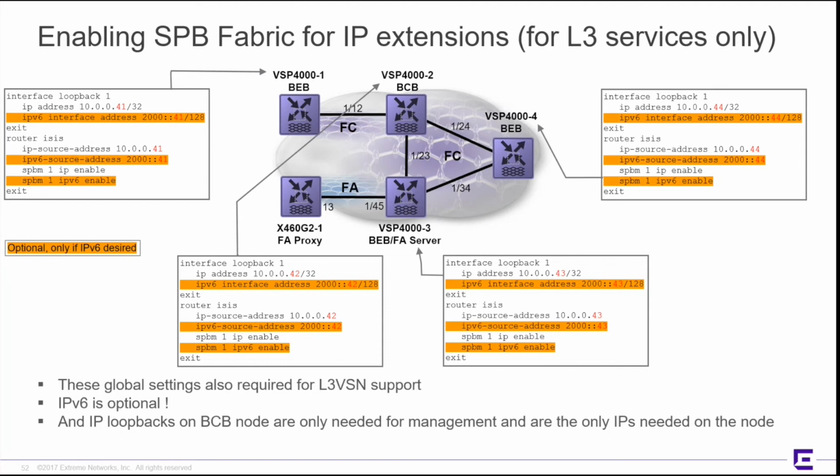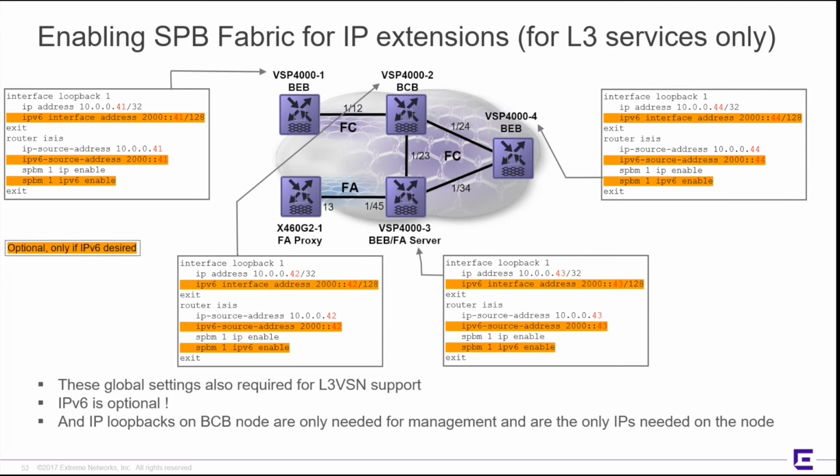That command tells IP shortcuts what the source address is that it's going to use to advertise its layer 3 VLANs, or more correctly its subnets, into the rest of the network. So we're telling it the source address is the loopback address 10.0.0.41.